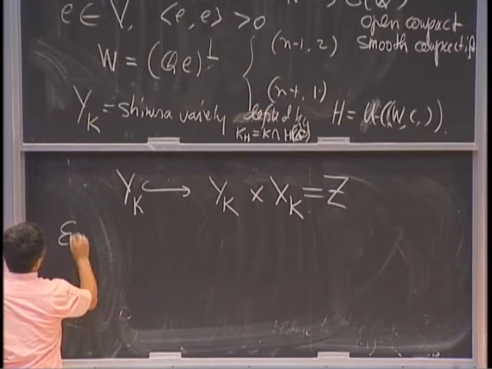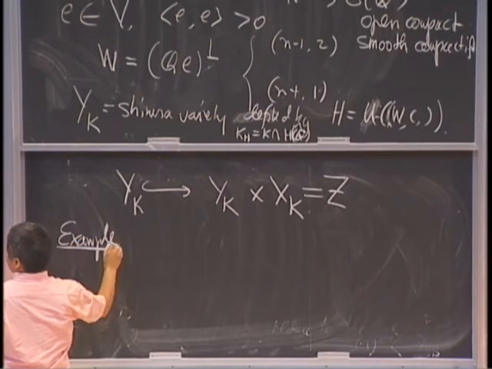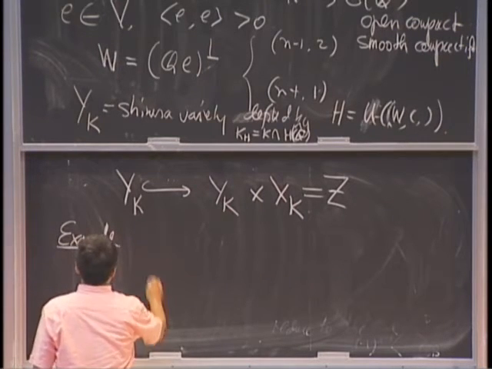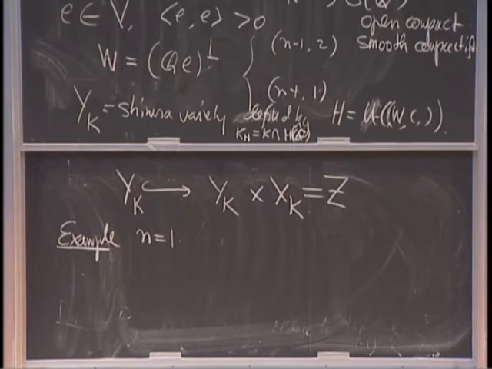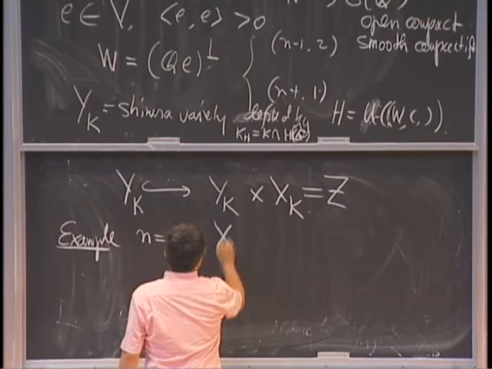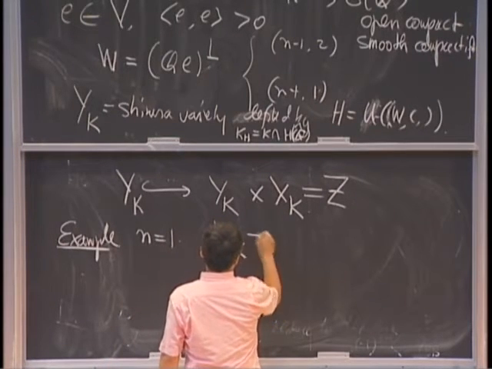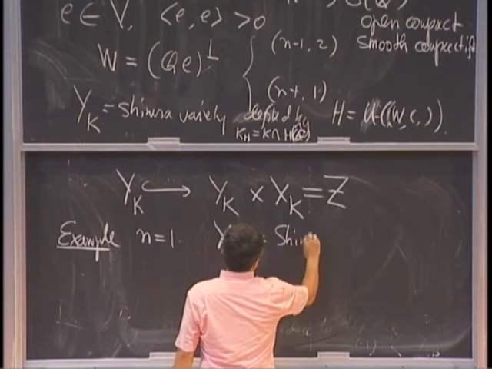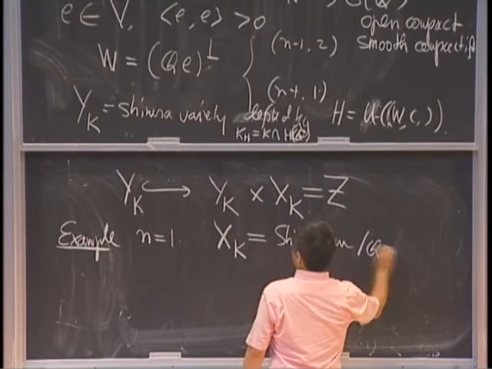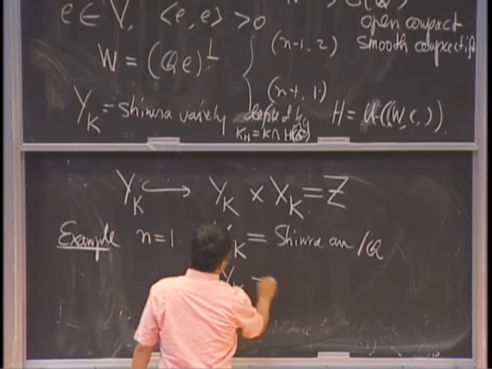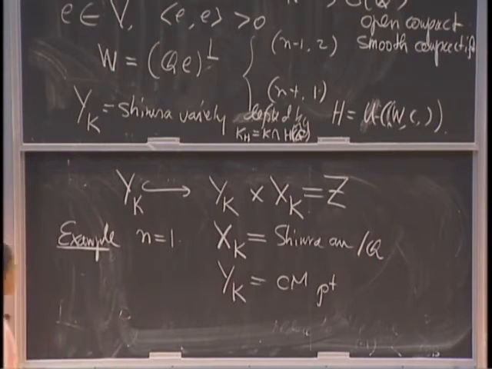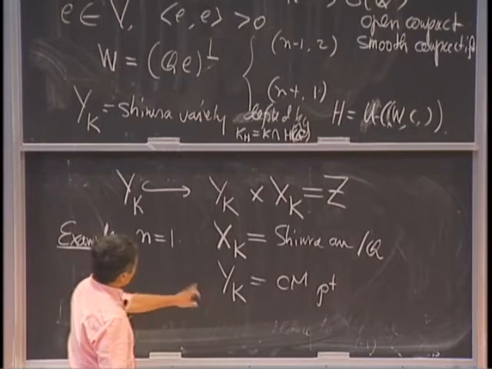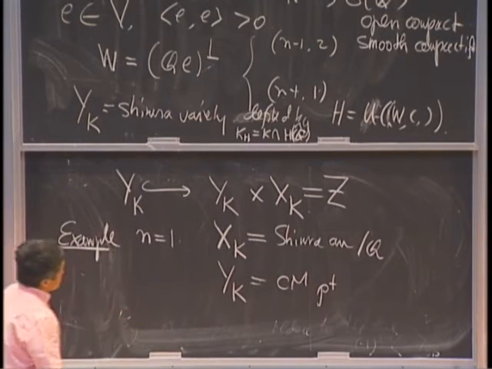So I give you an example. n equals 1. In both cases X_K is a Shimura curve, and Y_K in both cases is the same point. So this goes back to the situation we considered before. There is a product of these together.